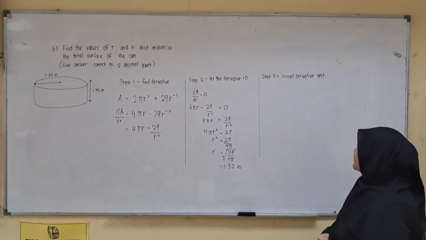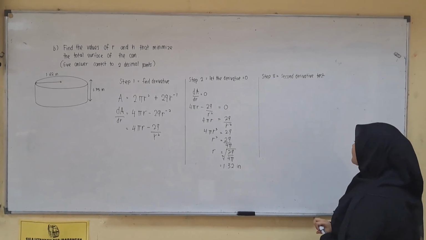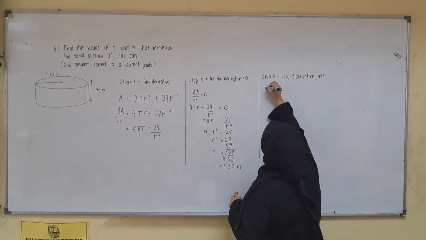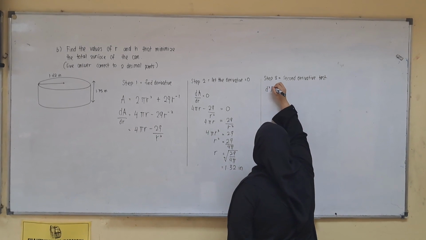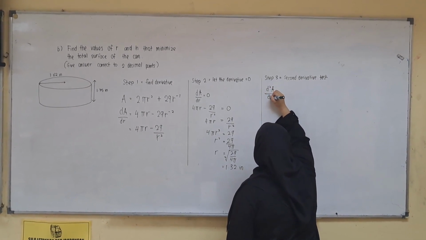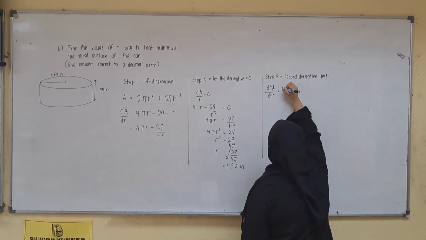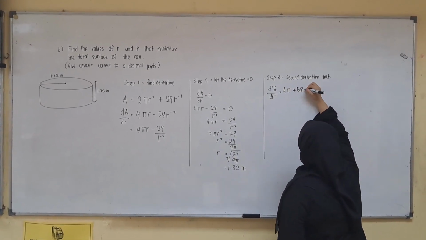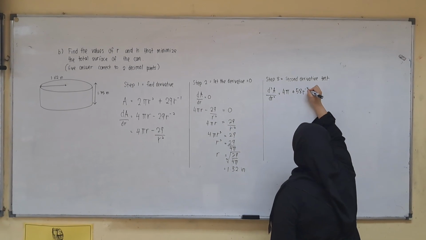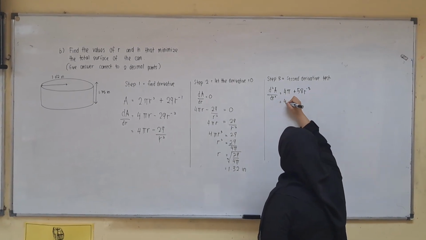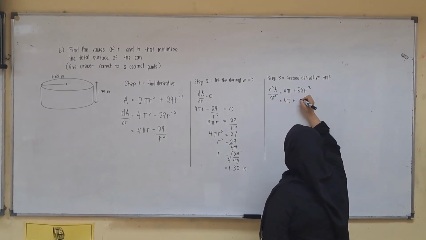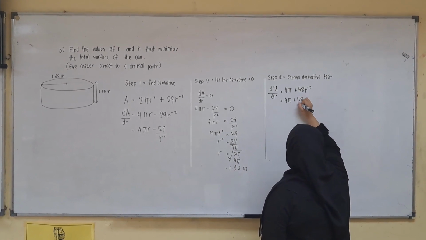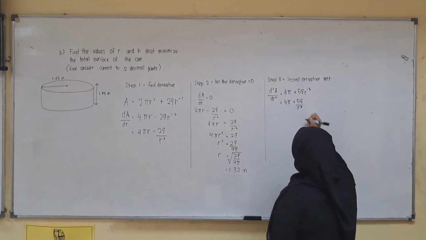Next, for the third step, we have to use the second derivative test. So d power of 2 A over dr power of 2 equal to 4 pi plus 58 r power of negative 3, so we get 4 pi plus 58 over r power of 3.